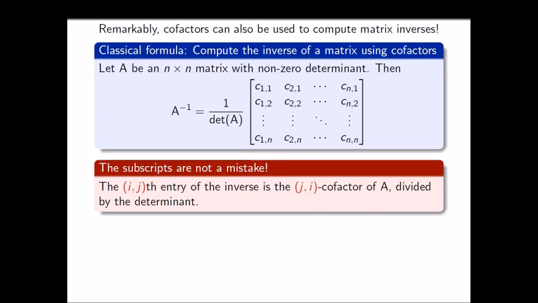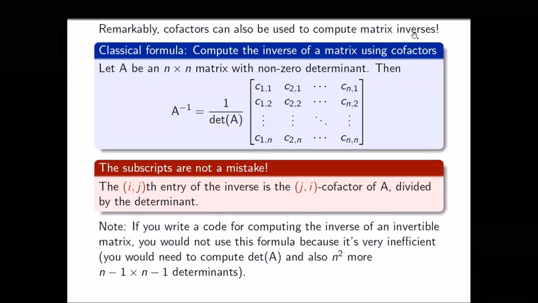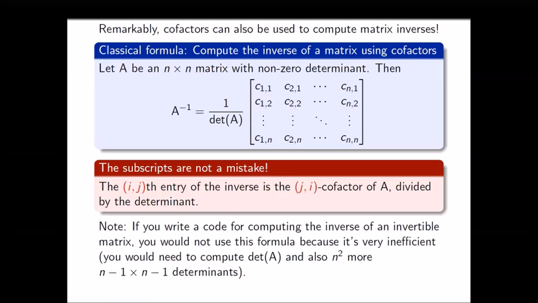So please be careful. Note that if you were to write code for computing the inverse of a matrix, you would not use this formula, because it's very inefficient: you would need to compute the determinant of the matrix, and then you would also need to compute n squared cofactors as well. And there are more efficient ways to compute inverses on a computer.